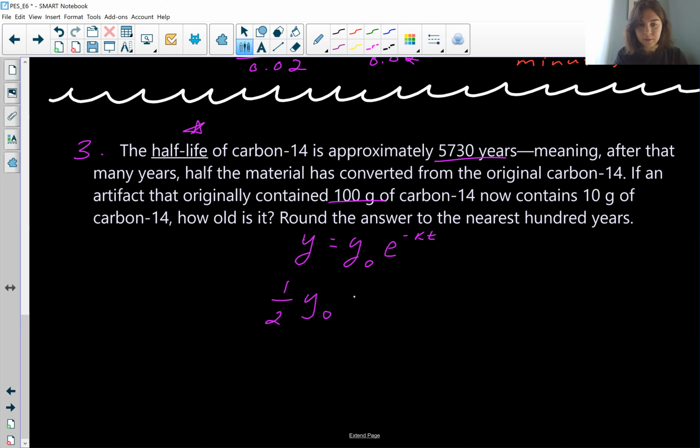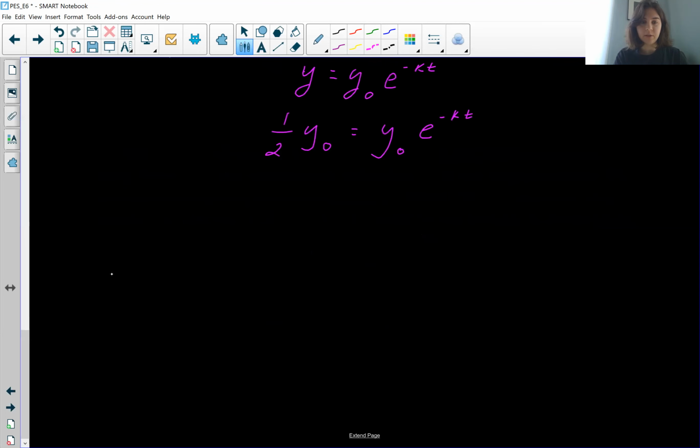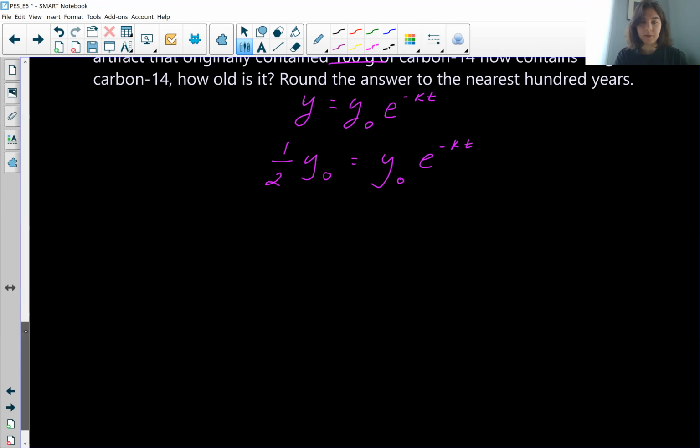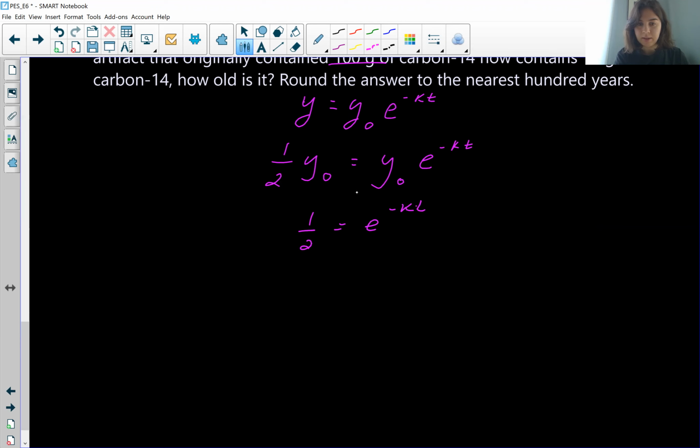Half-life is the amount of time that it takes for half of the material to decay. So we have this initial amount y0, and that's going to equal half of y0. And we want to solve for the amount of time it would take to do that. We can divide both sides by y0 to cancel them out, and we would get 1/2 equals e to the negative kt.